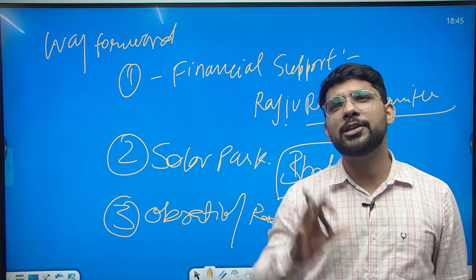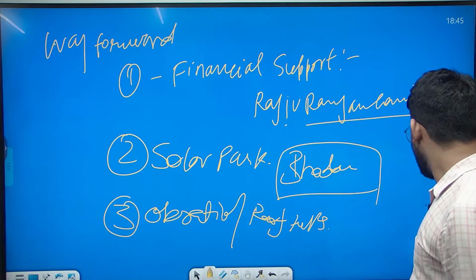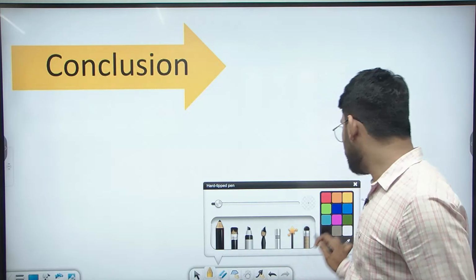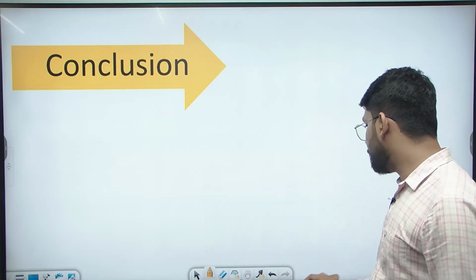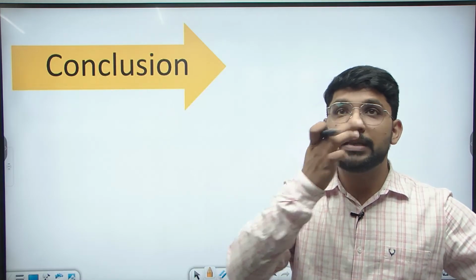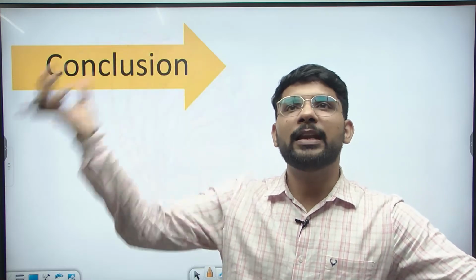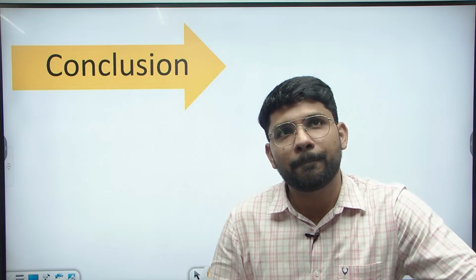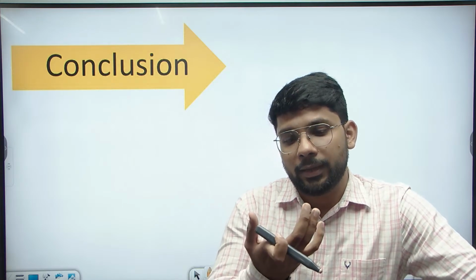Now to the last part, the conclusion. How will you conclude your answer? You can conclude directly as per the demand of the question. The question is asking just about the benefits of generating electric energy from sunlight and how it is beneficial.